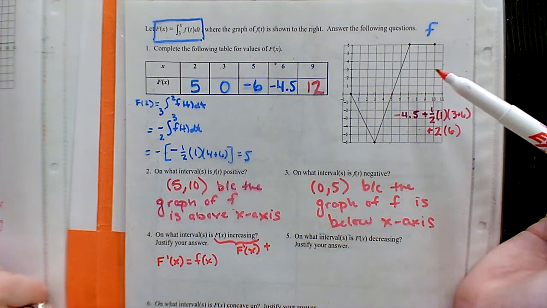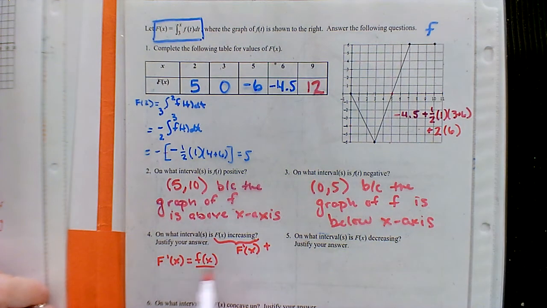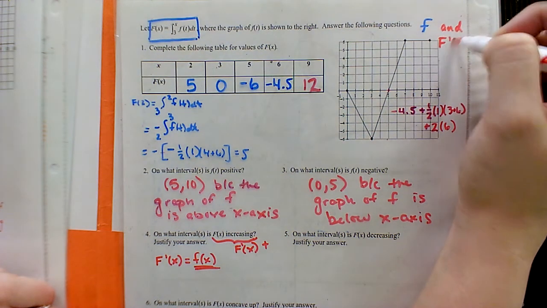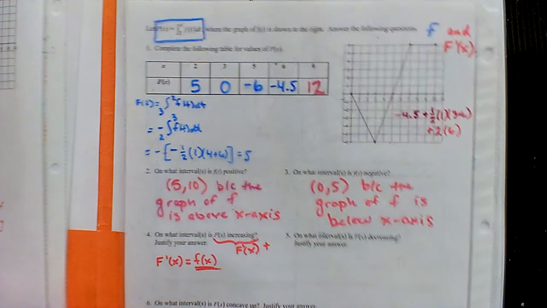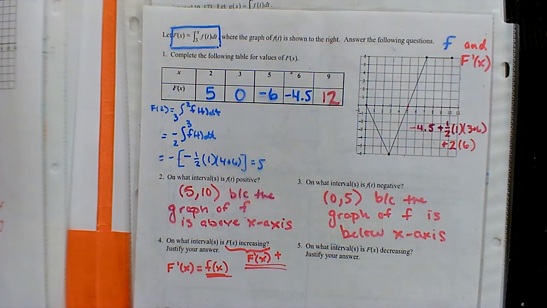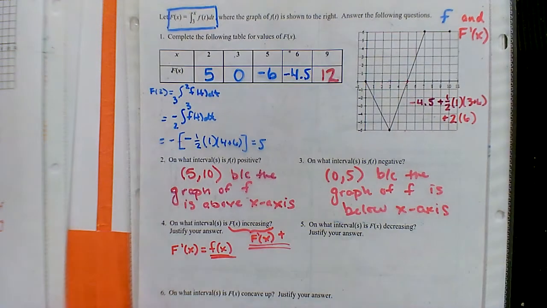So take a look at this. Notice how this was the graph of f, but if f is equal to capital F prime, this is also the graph of the derivative of capital F. Little interesting there. It's the graph of little f, but also the derivative of capital F. So, if this is the graph of capital F prime as well, when is that graph positive? 5 to 10, the same interval we had before, right?